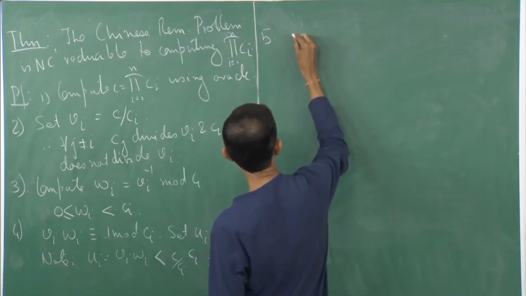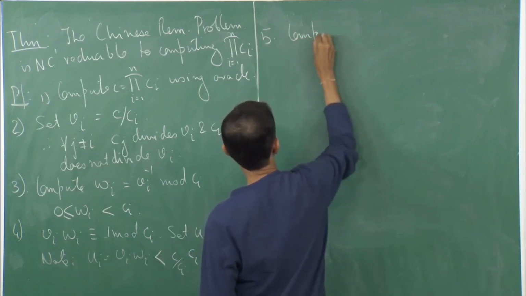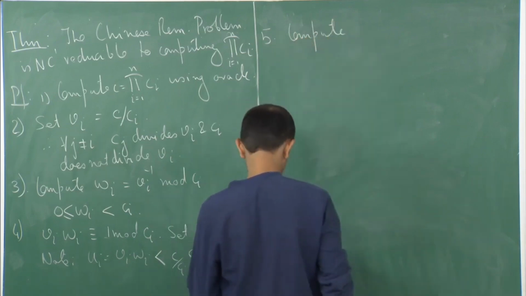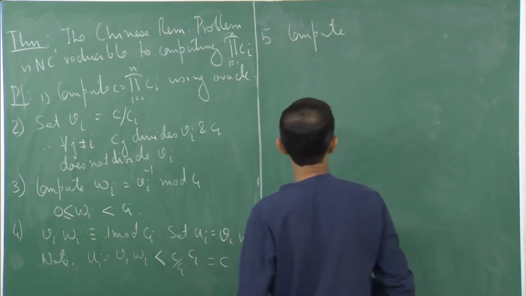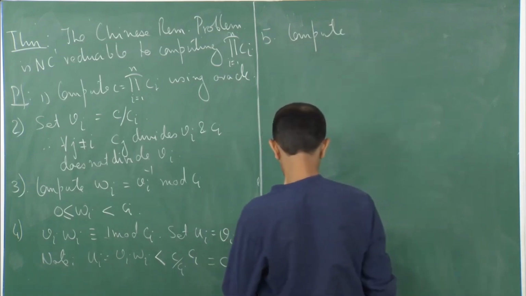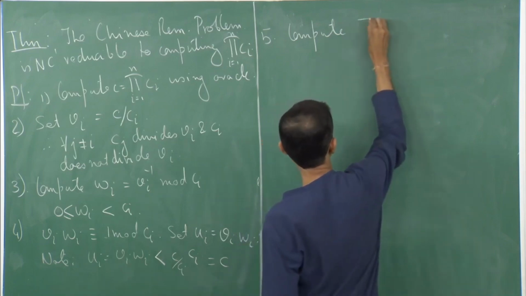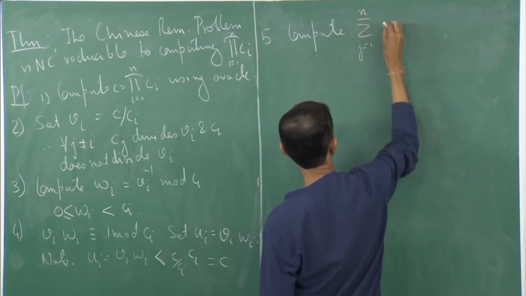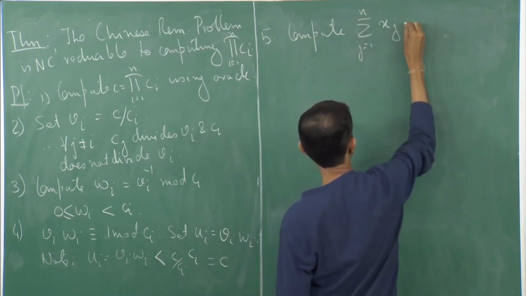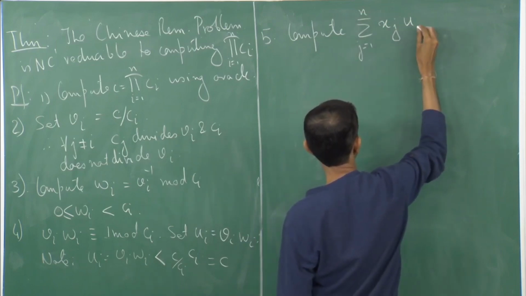So next, okay, that's fine. We compute the sum over j of xj uj.